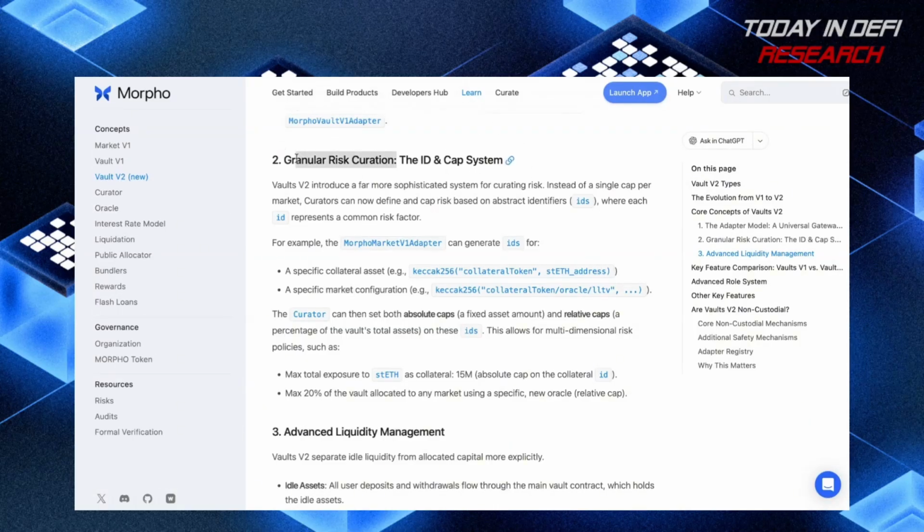And all of this is public and transparent. So before a user enters the market, they can understand what kind of strategy this vote will be doing, how the curators label their different kinds of assets and markets, what the risk profile of these votes is, and what the risk appetite of this curator is. So you can better understand how the curator will manage your money and choose the votes you like.